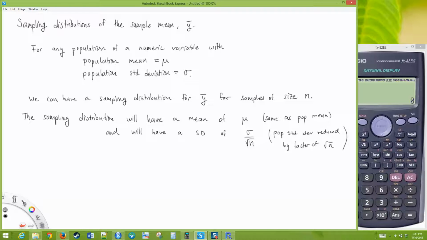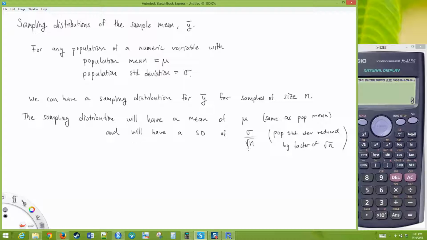Okay. So the sampling distribution will have the same mean as the population mean, but its standard deviation is smaller. Okay, and I didn't exactly illustrate this with our demos here, but you'll just have to take me at my word and say the amount of reduction is the square root of n.